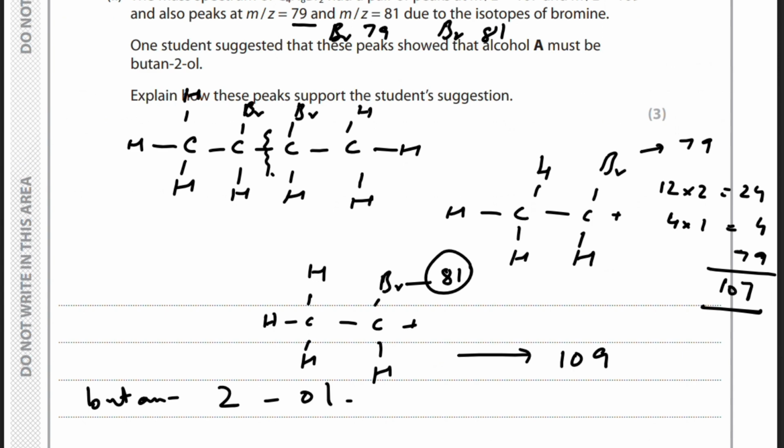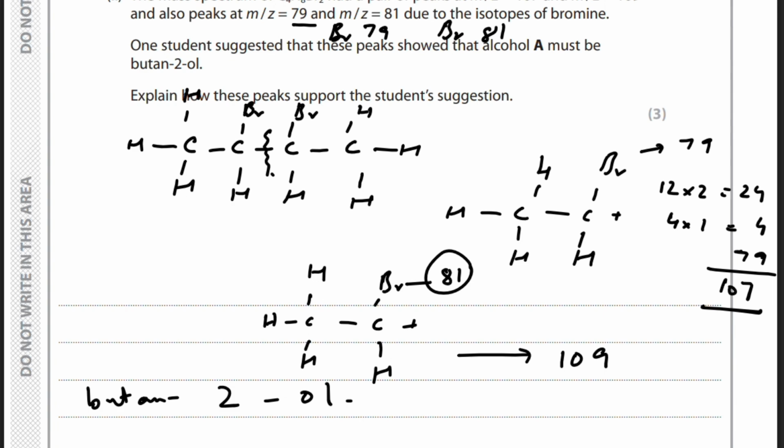So the alcohol initially was a secondary alcohol, which was butan-2-ol. So the student who suggested that these peaks showed that alcohol A must be butan-2-ol is correct.